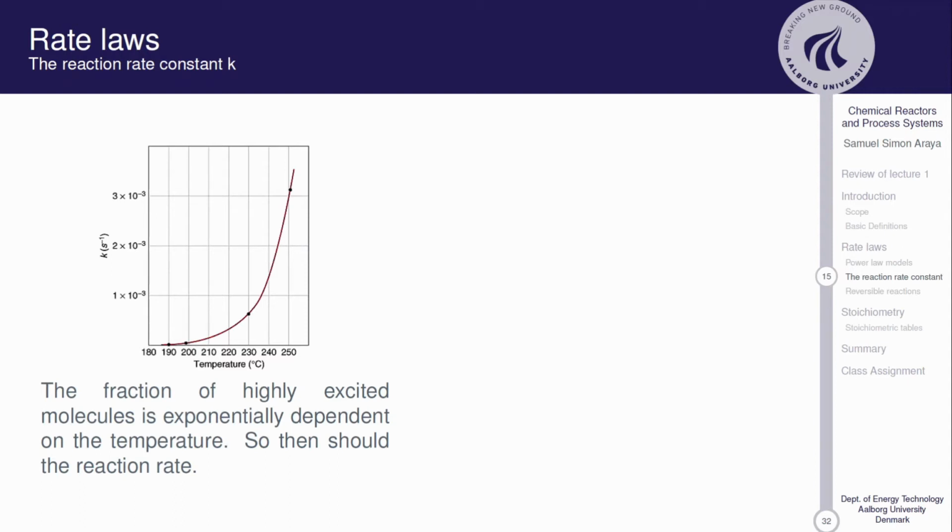In practical terms, the more you heat up a reaction, the more highly excited the molecules will be, which means they gain an energy level that makes them react faster.